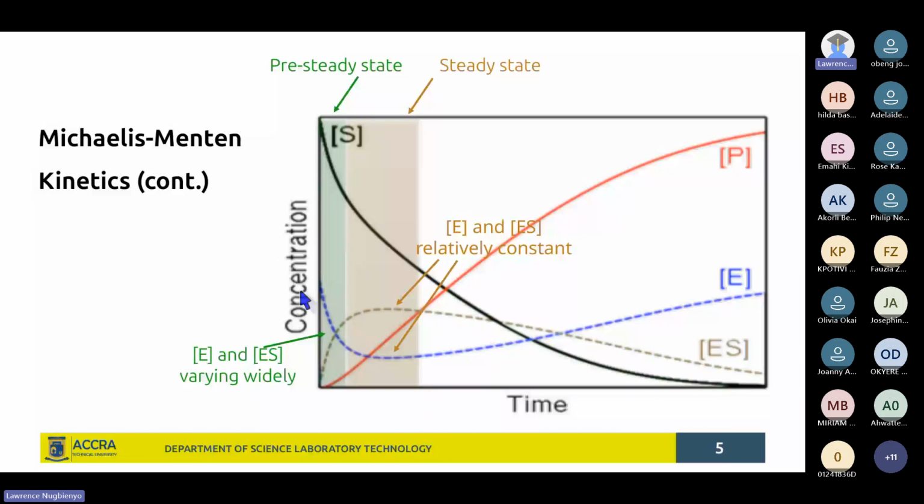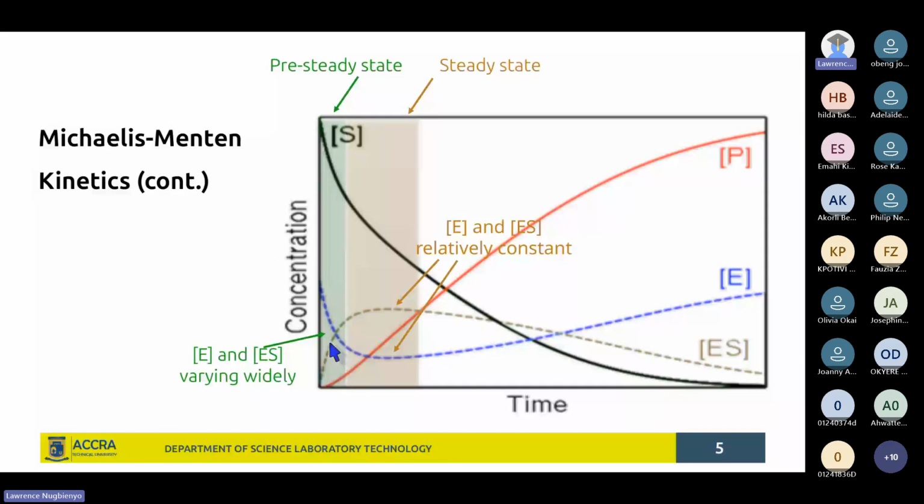And that enzyme substrate complex is also represented by the brown curve. And so you notice that at the beginning, the concentration of enzyme substrate complex is increasing. But all these stages are being referred to as a pre-steady state.